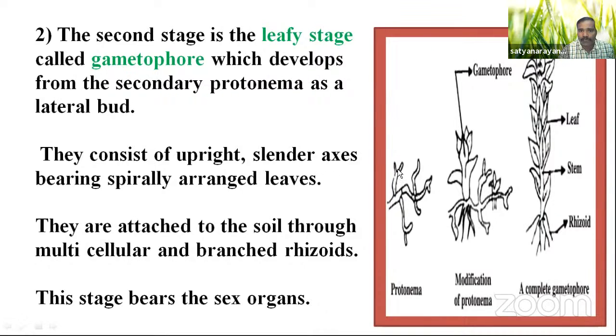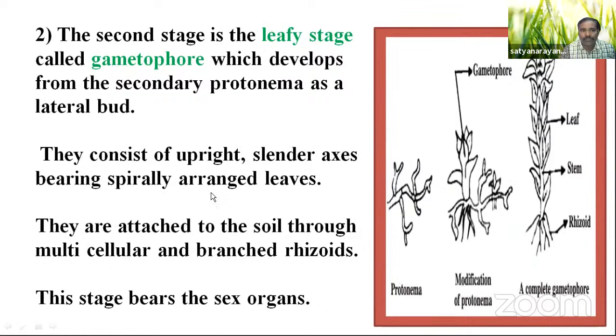The lateral bud of the protonema will produce the gametophore. So here you can see the gametophore at the lateral bud. And after development, the gametophore bears the sporophyte also.